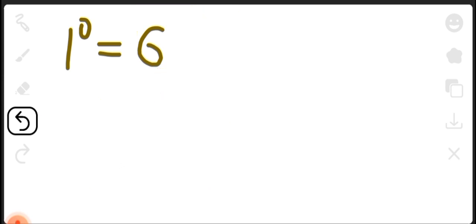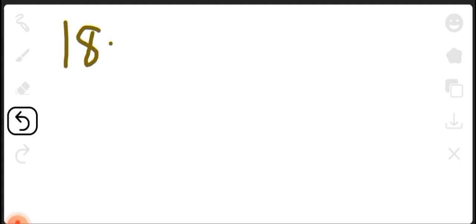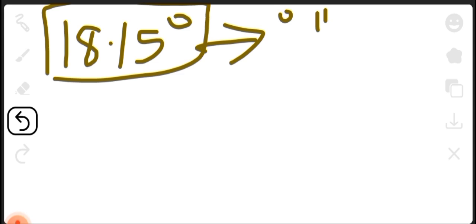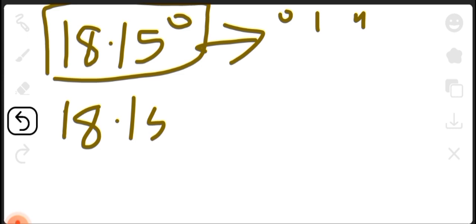Let's look at this question. Interconvert 18.15 degrees. This one is in degrees, and I want to convert it to degree, minute, and seconds. So look how to do it. The angle is 18.15 degrees.